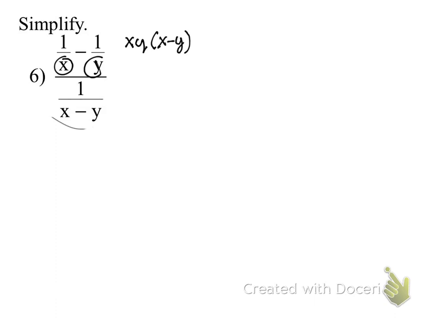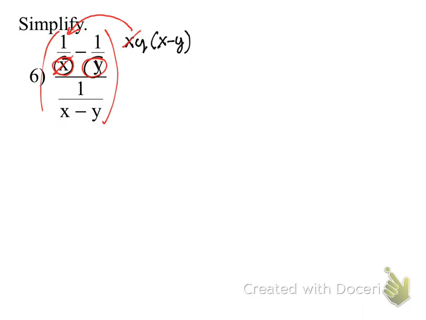Does that make sense? Okay, and so now when I distribute here, what do I get? How come you do x times x? Because the xy helps me for this and this. But the x minus y helps me for this denominator. You can't take a piece of a binomial.